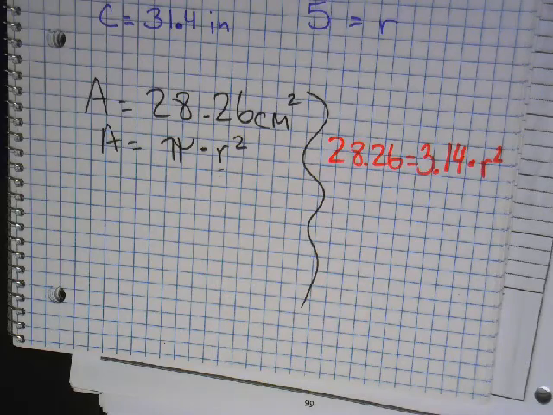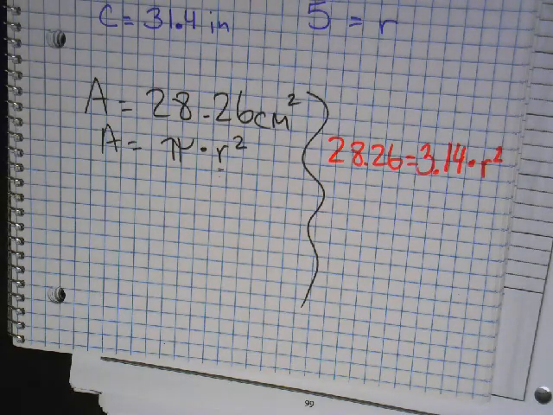You're literally solving a problem that looks like this: 28 is equal to 3r. So how do I get r by itself? Well, what do I do to the 3? I would divide by 3, divide by 3. Just because it has decimals doesn't mean it's any different on the math.